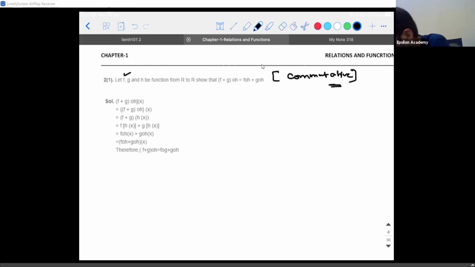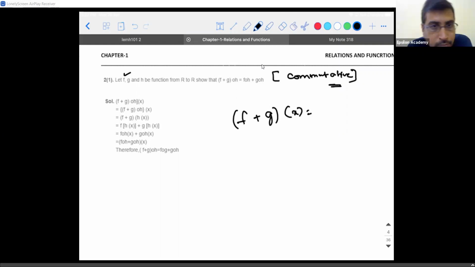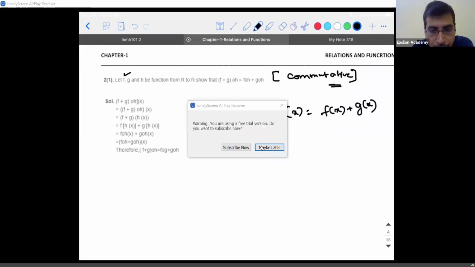You guys know this, no? (f plus g) of x is how much? It is f of x plus g of x. Now, in a similar context, instead of x, you have a circle h.